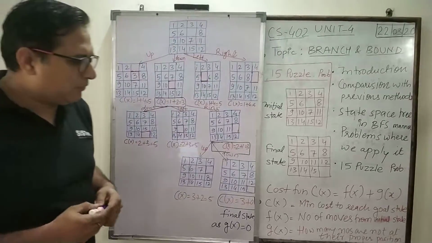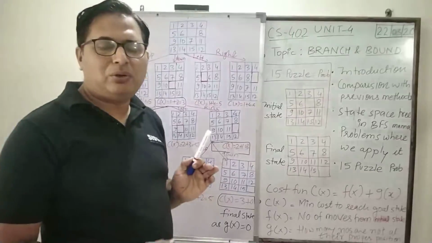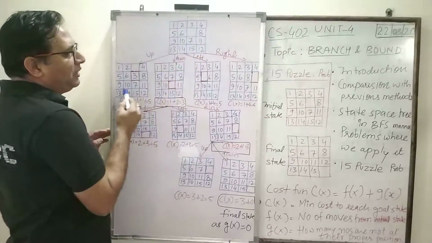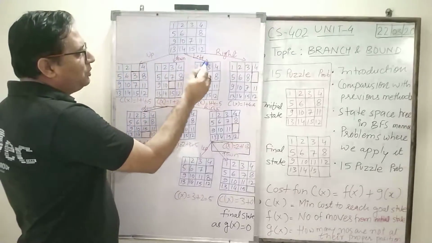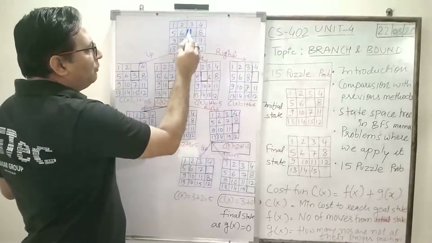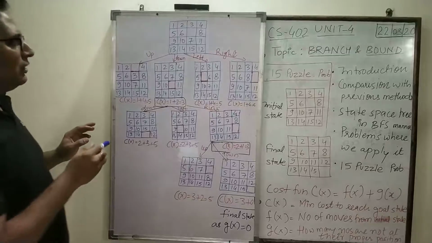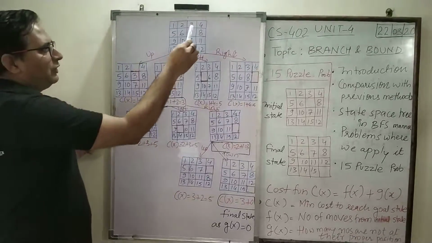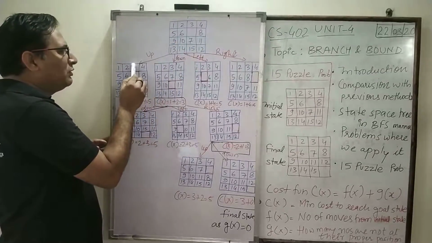As I told you, we will calculate the cost function at every step and generate the solution in BFS manner. Here you can see that for this we have 4 possibilities, so in branch and bound we will generate all 4 movements for this empty block. Consider this one is the up movement, where we have taken 3 as down, and this empty block is moved up.